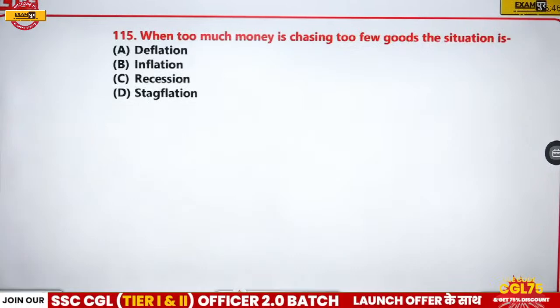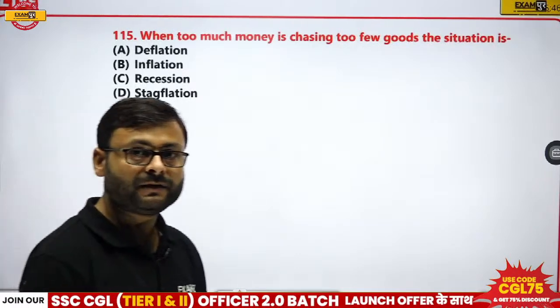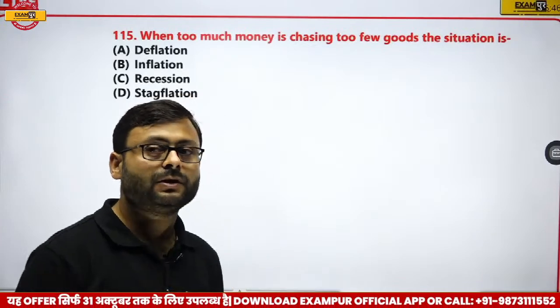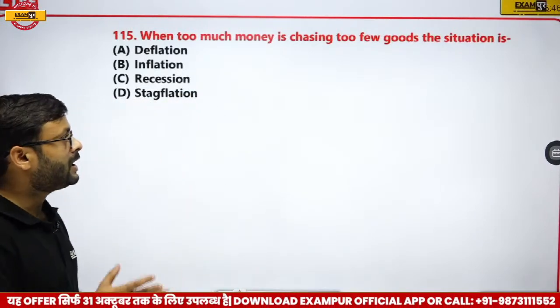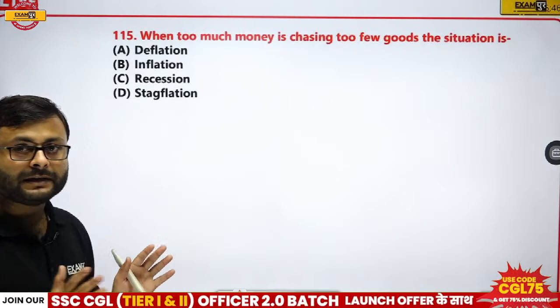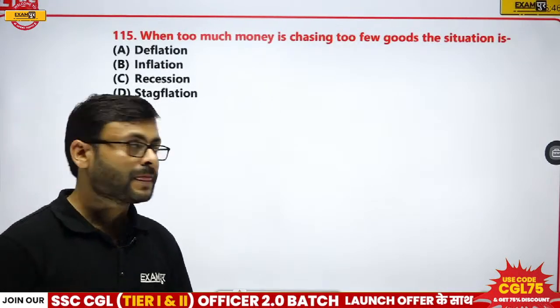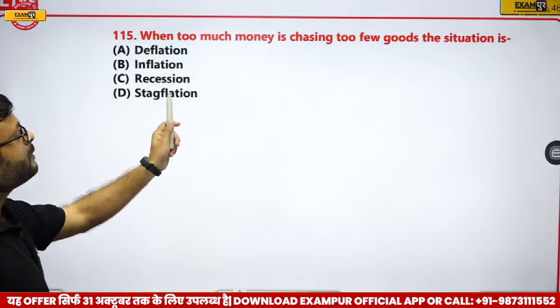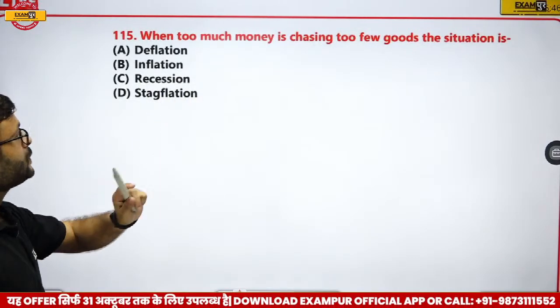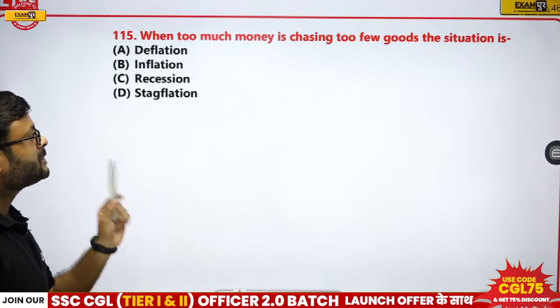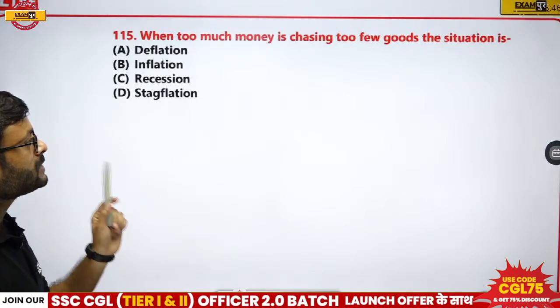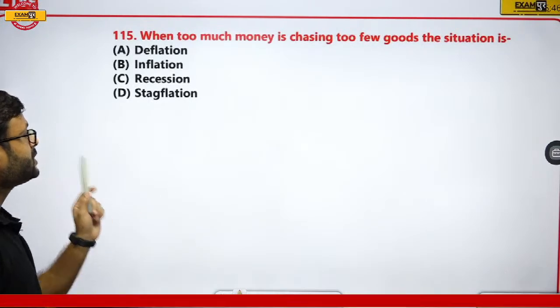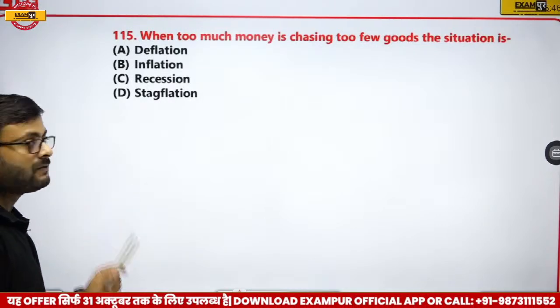Now come to the next question, question number 115. This is the last question of this session, and after this question I am going to end the session. The question is: when too much money is chasing too few goods, the situation is deflation, inflation, recession, or stagflation?